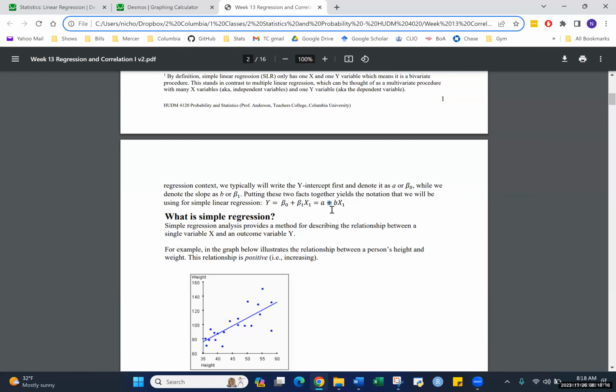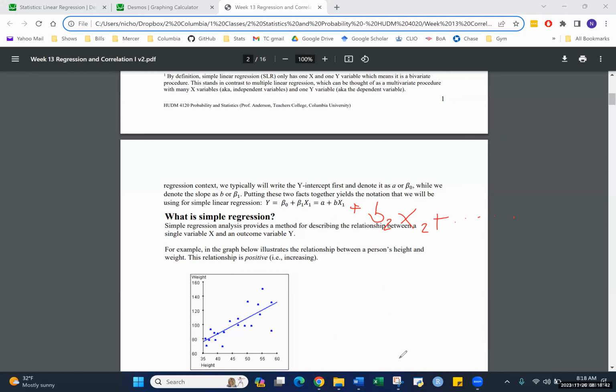And we know that because there's not another variable like x attached to it. And the reason why we put the intercepts first is because when we get to multiple regression models, you can keep writing out terms here. So I could write plus b2 x2 plus, so I can keep adding variables to that. Now, we're not going to touch on multiple regression this week.